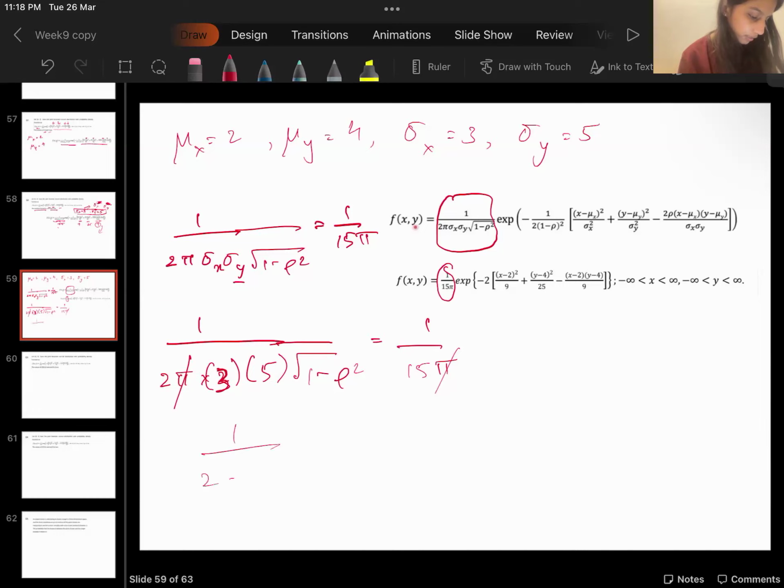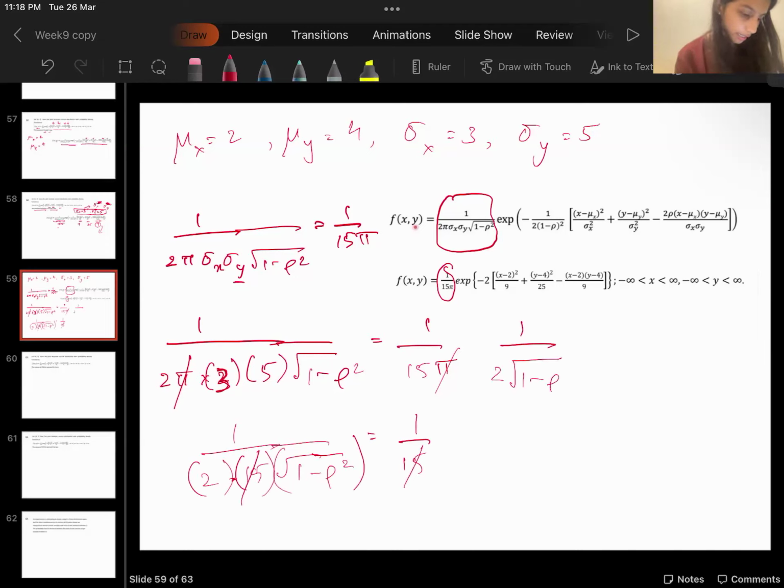So you'll have 1 by 2 into 15 into square root of 1 minus rho square is equal to 1 by 15. You could cancel these two as well. So now basically you have 1 by 2 into square root of 1 minus rho square is equal to 1. So 2 into square root of 1 minus rho square is equal to 1. Square root of 1 minus rho square is equal to 1 by 2.